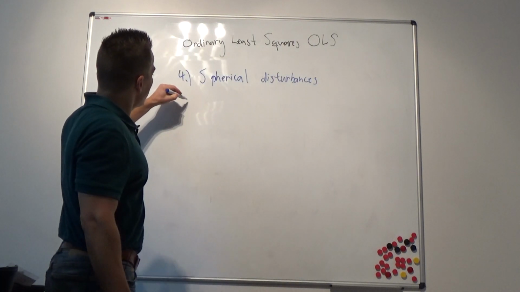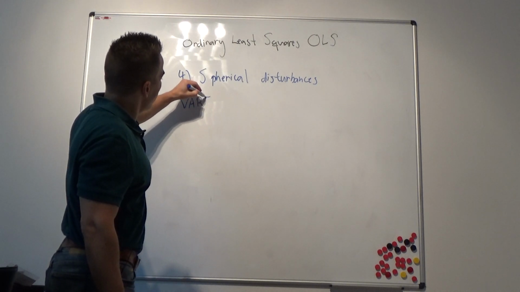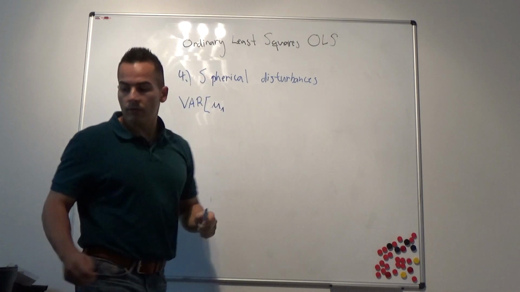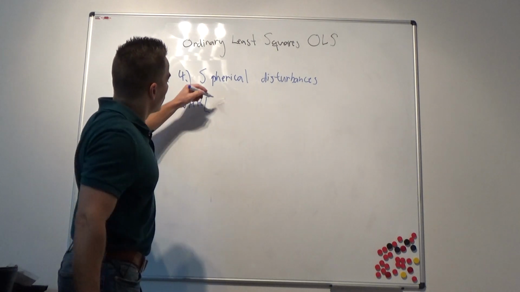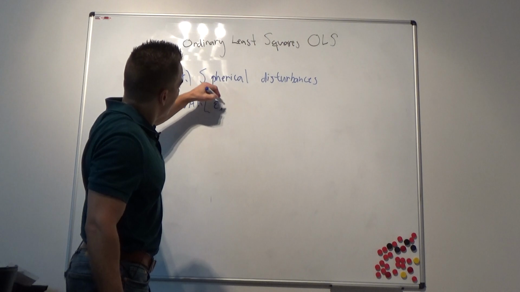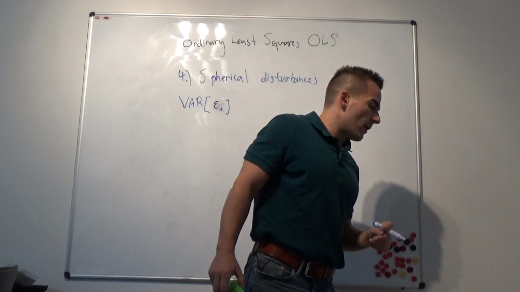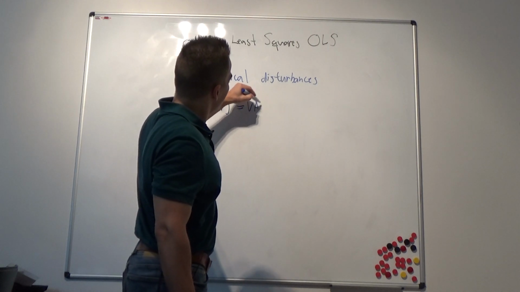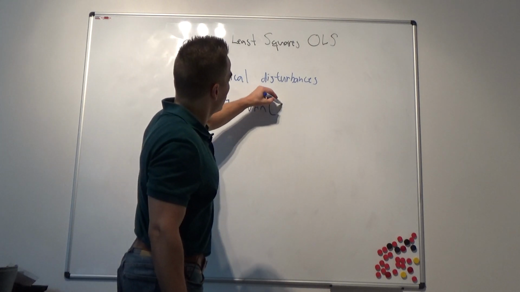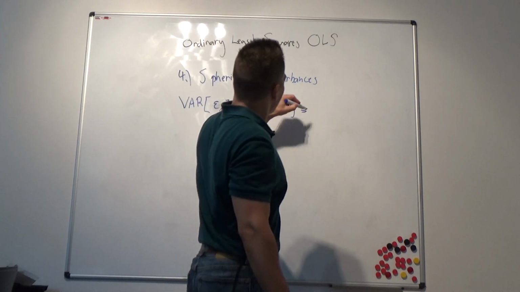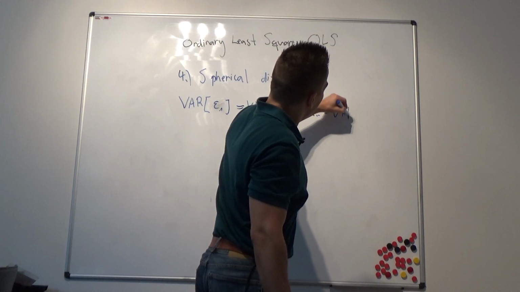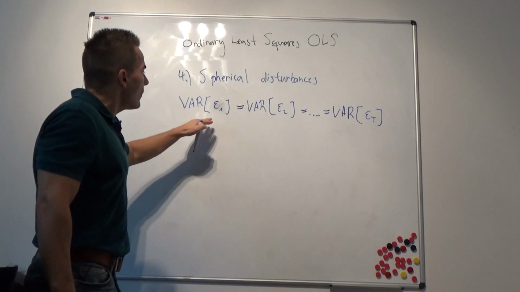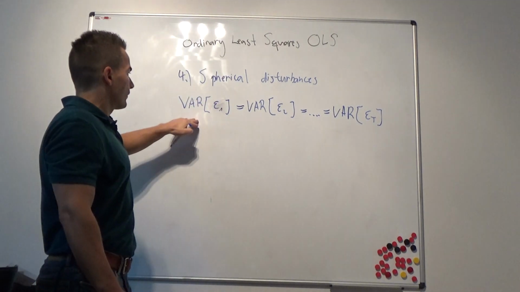It means that the variance of the error epsilon at time t is 1 is the same as the variance of our error at time t is 2, and it's the same as the variance of our residual, our error epsilon, at time capital T. So the variance is always the same across time given asset i.